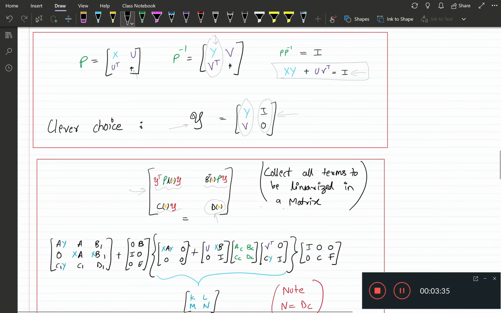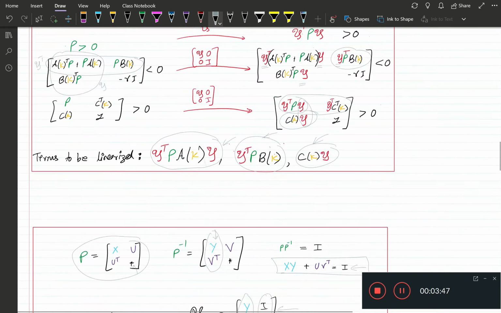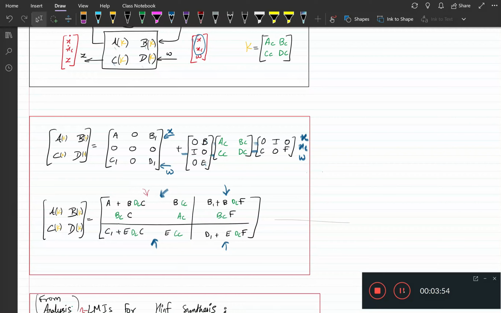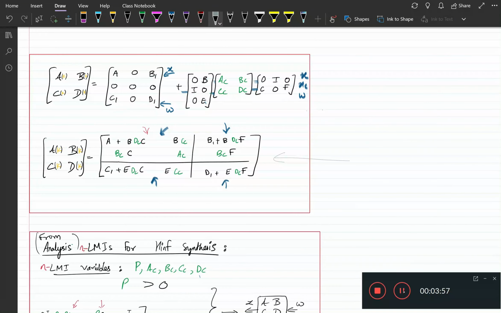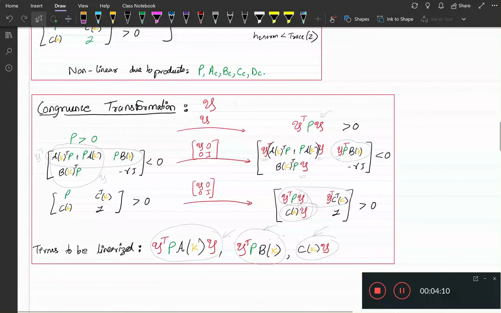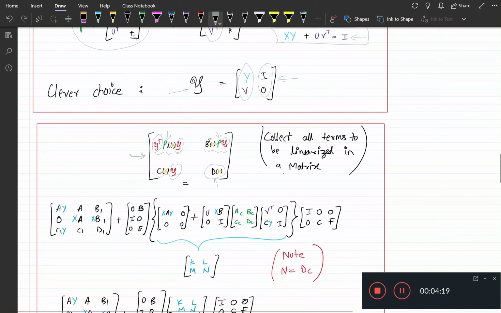If we select this Y, plug it in here, plug in this split of P, and plug in the closed loop A of K, B of K, C of K, D of K that we computed here, so we take A of K, B of K, C of K, and D of K and plug all these three things into this matrix, Y, P, and A, B, C, D, we get something like this.